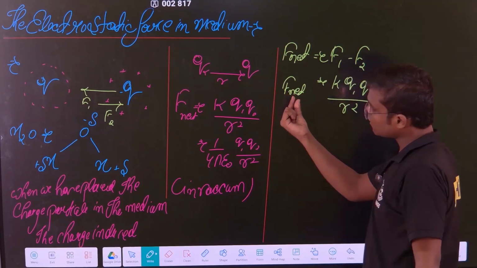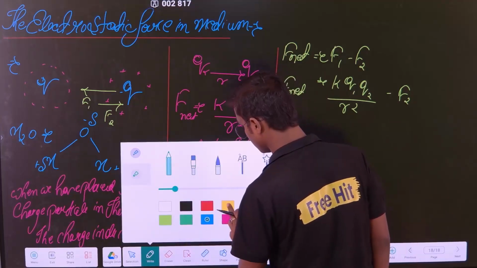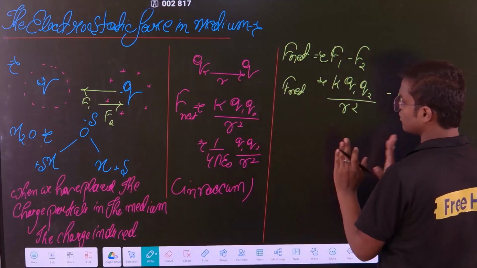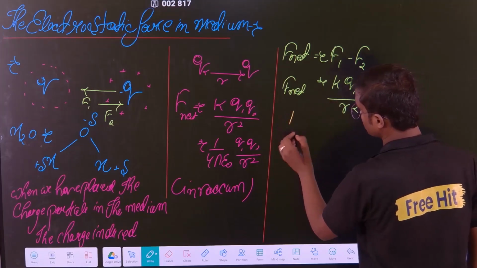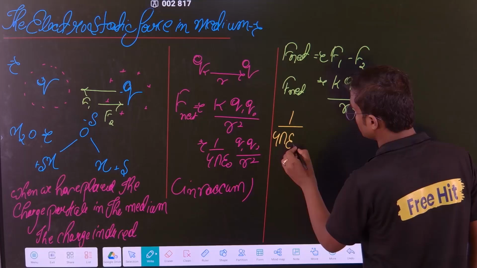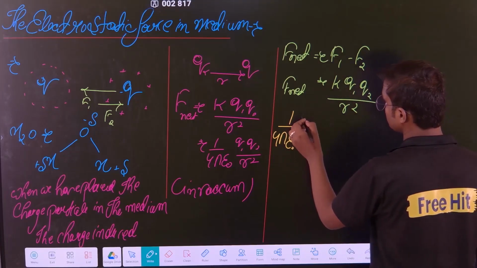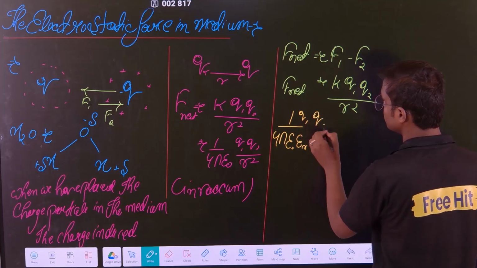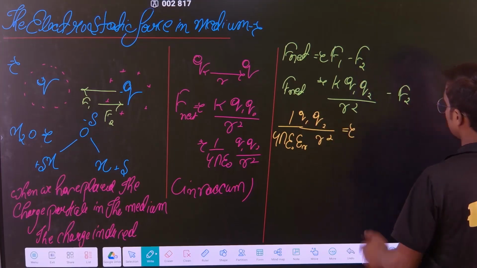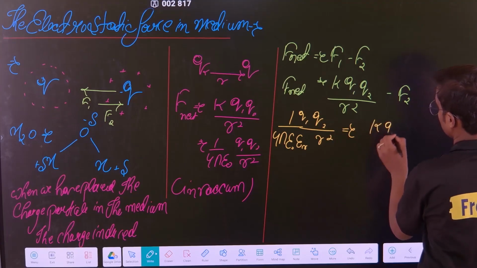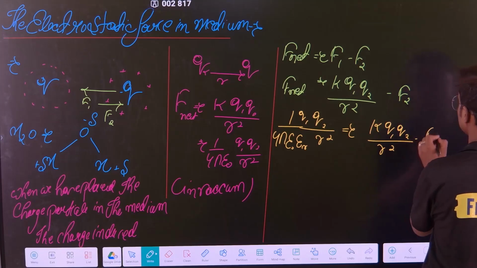Now I am going to write the value of F net. F net has been calculated and there is no derivation for it in our syllabus. So what F net have they given? They have given F net is 1 by 4 pi epsilon naught into epsilon r, into q1 q2 by r square, that is equal to this force k q1 q2 by r square minus F2.